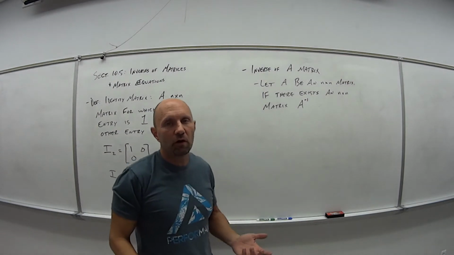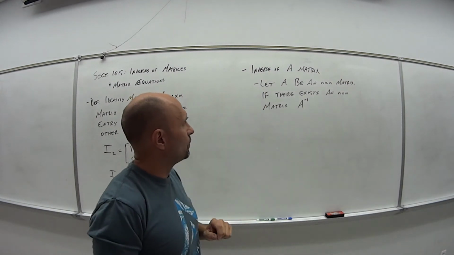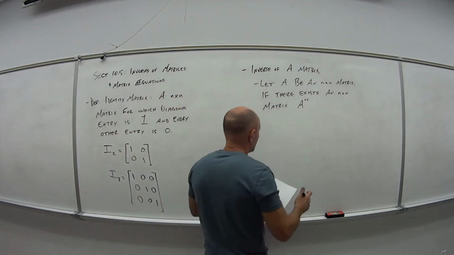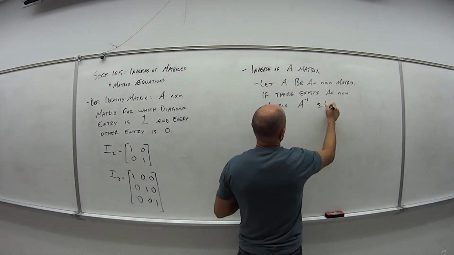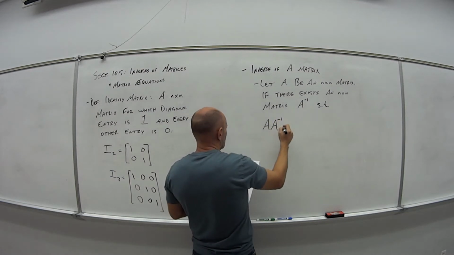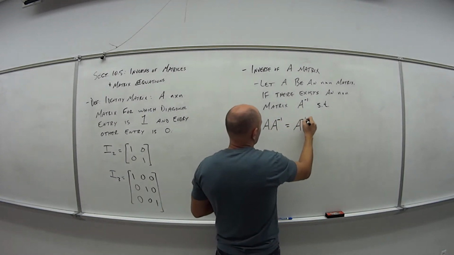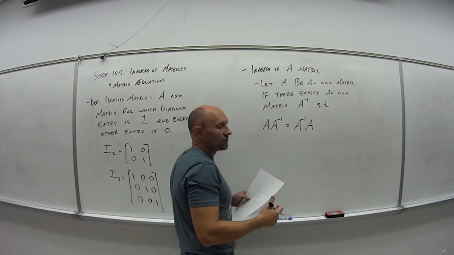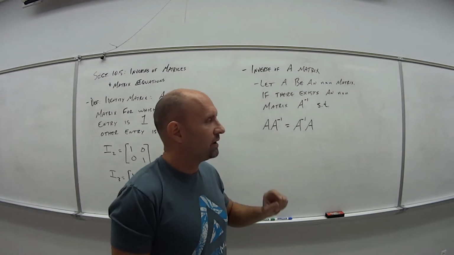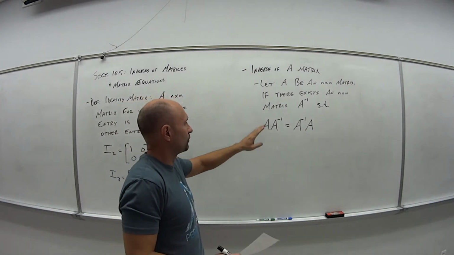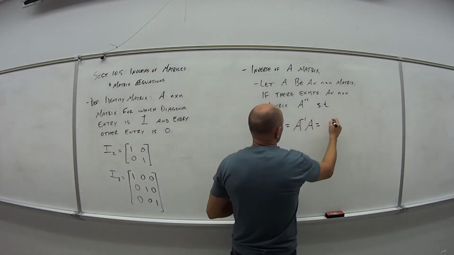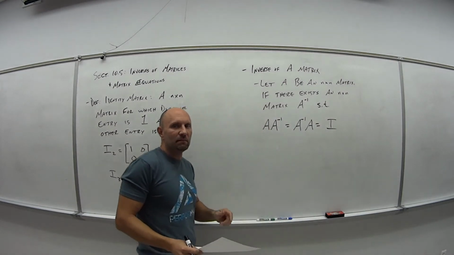When we had an inverse function, we had f to the minus 1. If we have A to the minus 1, this indicates an inverse matrix. So there exists an inverse matrix such that A times A inverse is the same as A inverse times A, so the order doesn't matter. Remember how we talked about matrices not necessarily being commutative. With inverse matrices, they are. Whether I do the matrix times its inverse or the inverse times the main matrix, it's going to give me the identity matrix back.